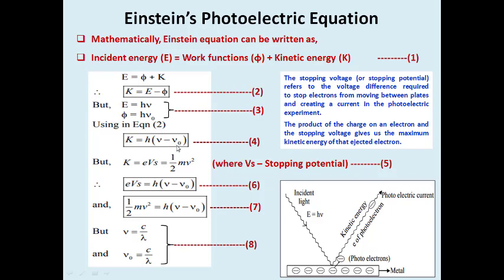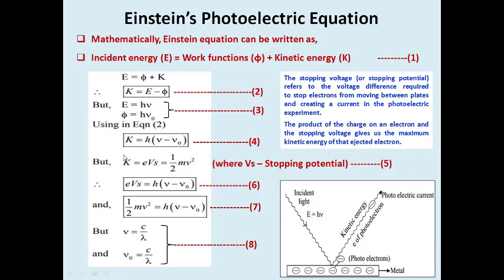Now we apply the condition of stopping potential. What is the meaning of stopping potential? It refers to the potential difference required to stop the electrons moving between the plates and creating a current in the photoelectric experiment. The product of the charge of the electron and the stopping voltage gives the maximum kinetic energy of the ejected electron.